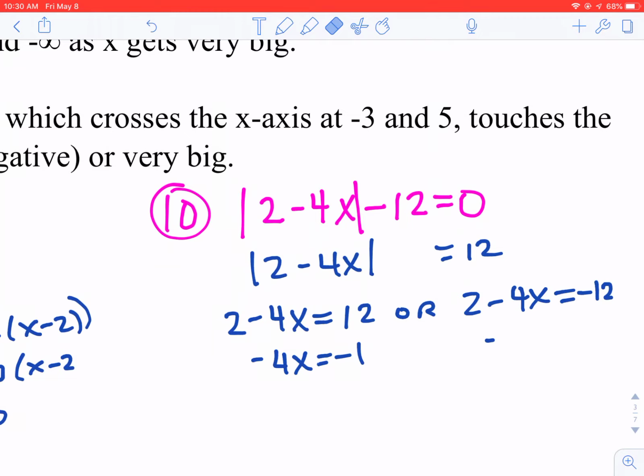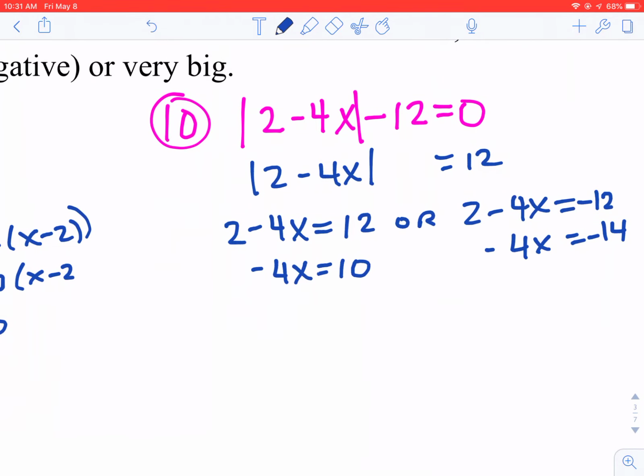That's not negative 14. It's subtract 2, I get 10. What is that? 10, 12 minus 2 is 10. Who's doing this math over here? So subtract 2 over here. This is negative 14. So divide by 4, you get x equals negative, what is that? 10 divided by 4, 2.5.